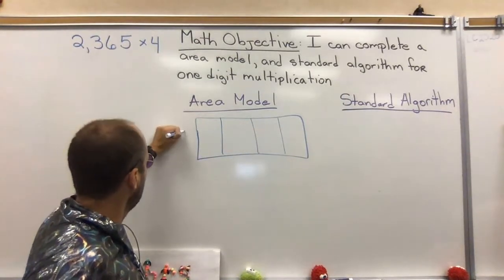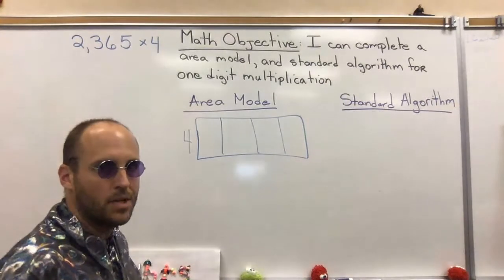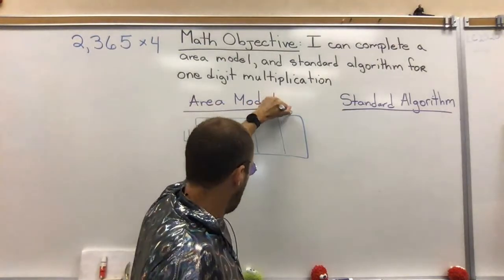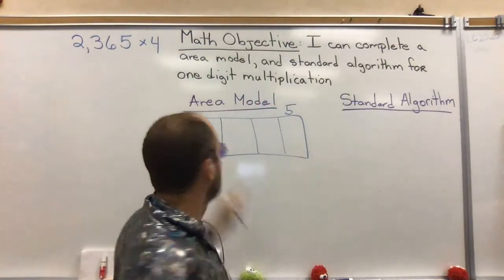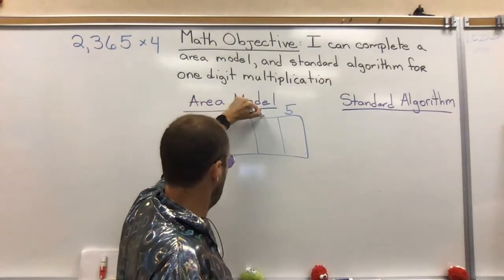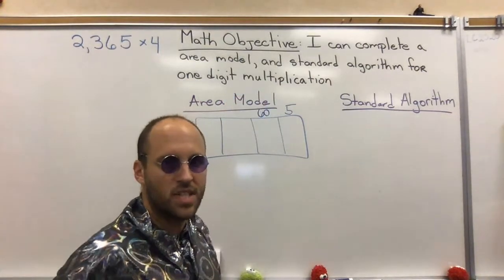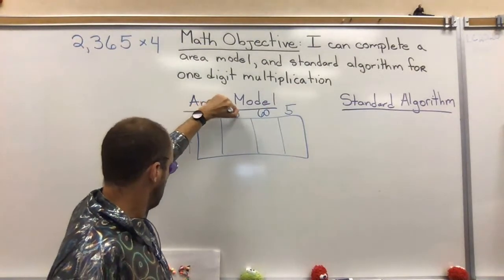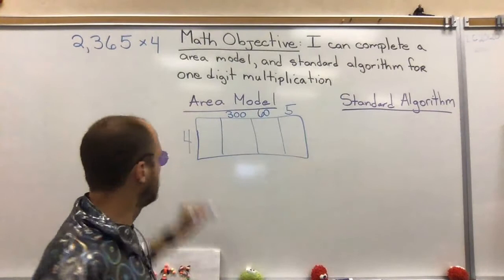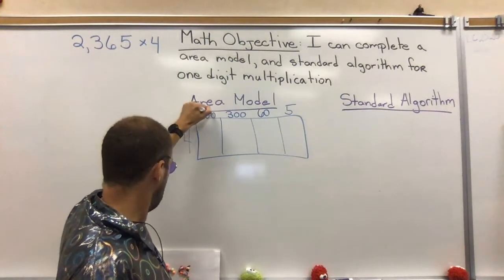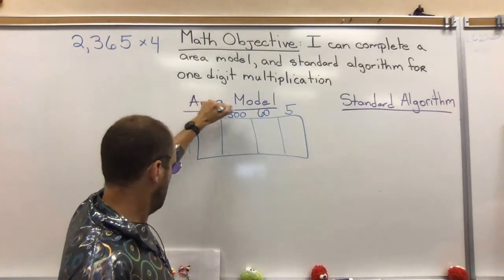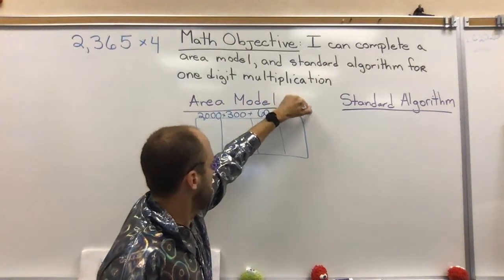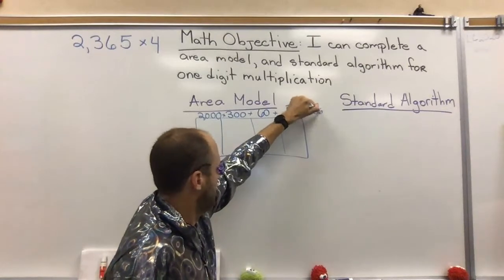Our 4 goes here, because that's the one factor we're multiplying by. We have 5 ones, so I'm going to put a 5 there. We have 6 tens, so that means 6 tens equals 60. We have 3 hundreds, and then 2 thousands, which means, again, if you add all those numbers up, it's going to come out to 2,365.